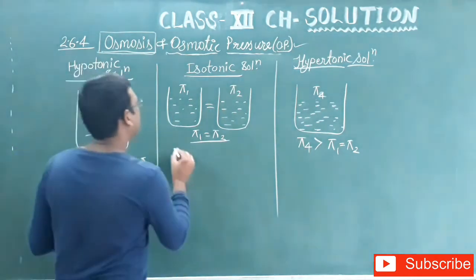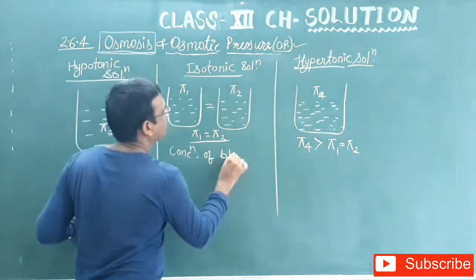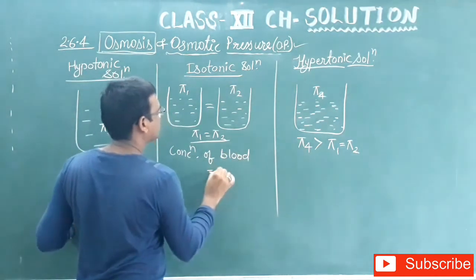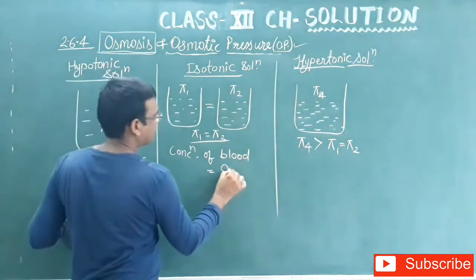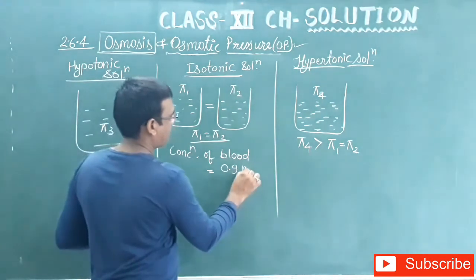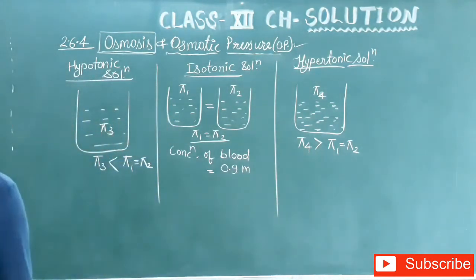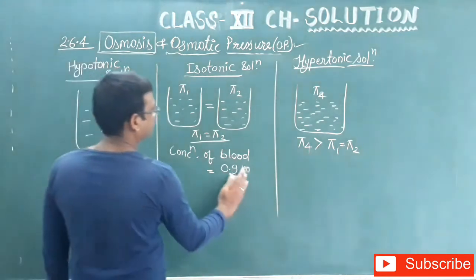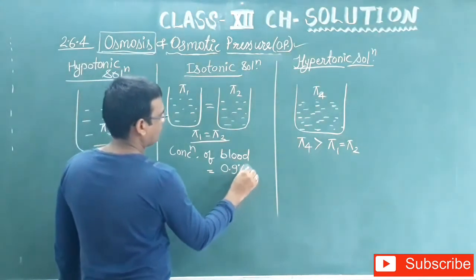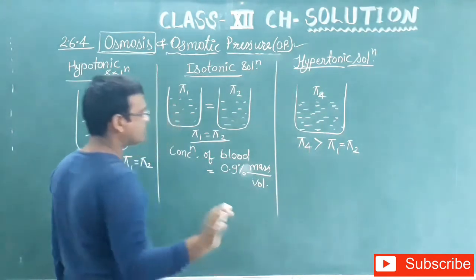That standard is the concentration of blood, and the concentration of blood is 0.9% mass by volume.